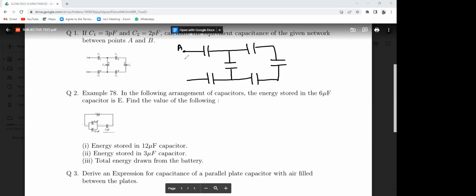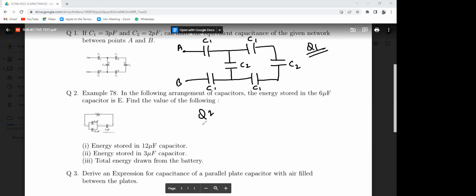This is point A, this is point B, this is C1, this is also C1, this is C2, this is again C1, this is also C1 and this is C2. So C1 has a value of 3 picofarad and C2 has a value of 2 picofarad. This is visible, no, Fatima? Yes, teacher, for question 1.